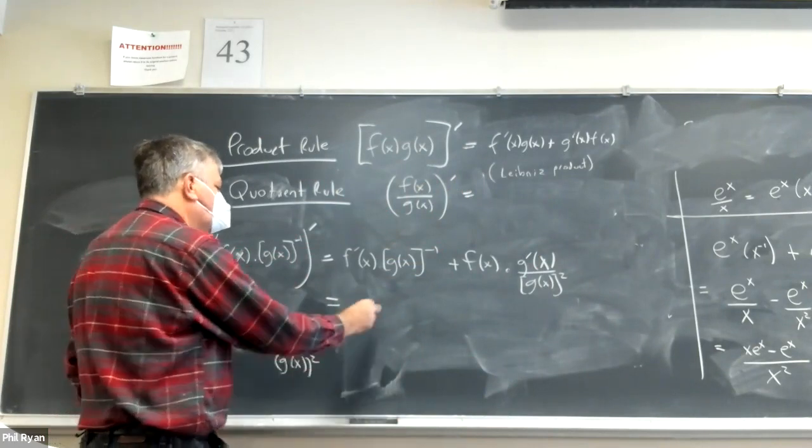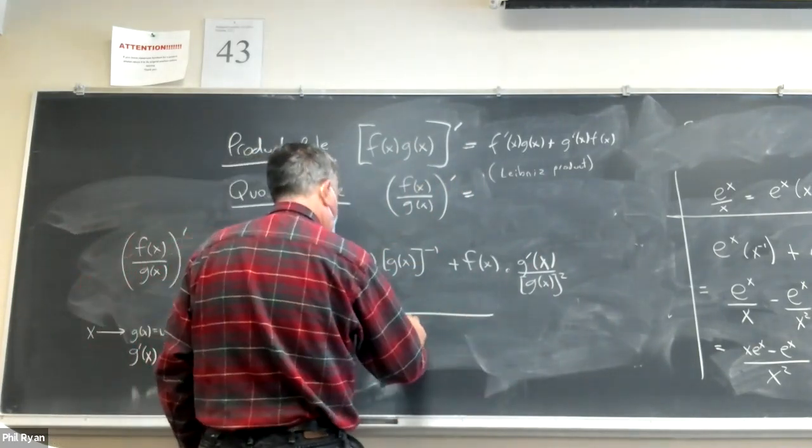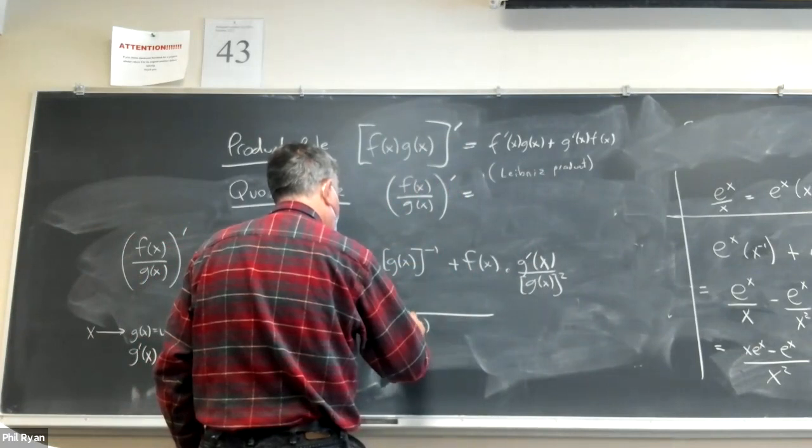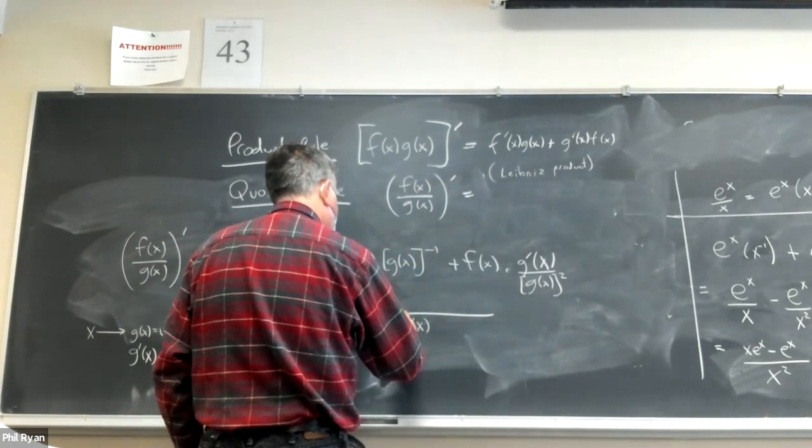We put it over a common denominator. f prime of x times g of x, right? Because we've got to multiply this by g of x to get the g of x squared on the bottom, minus f of x. And that's the quotient rule.